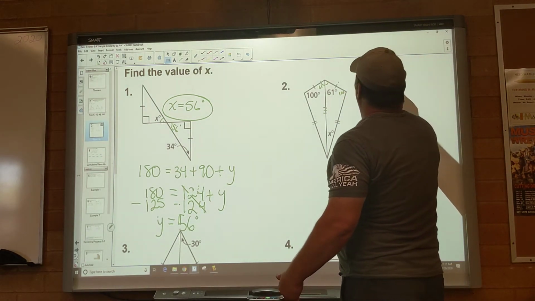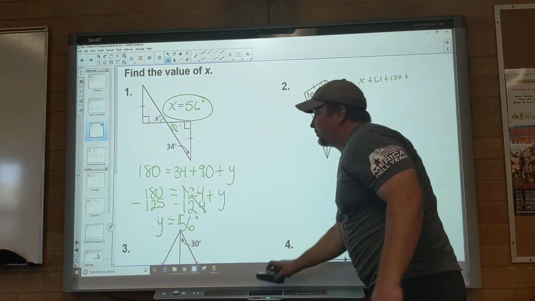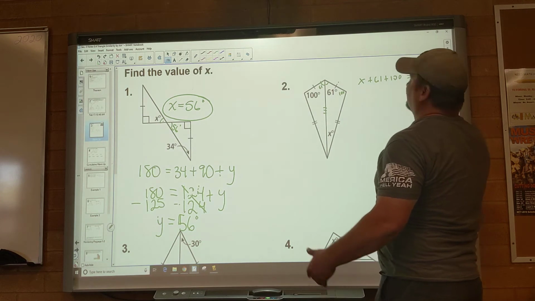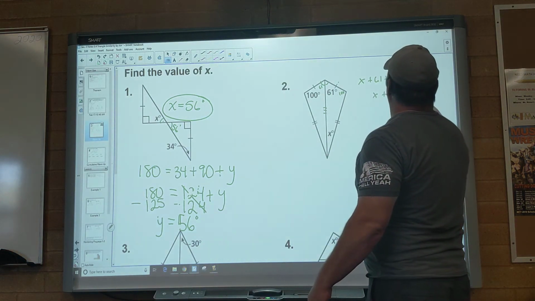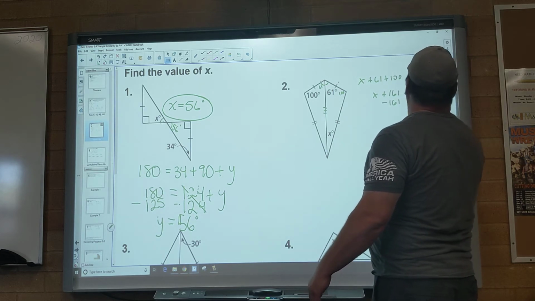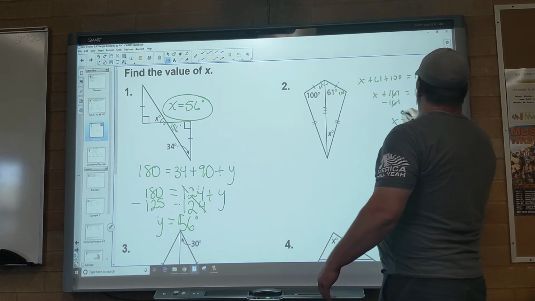So we'll go x plus 61 plus 100 equals 180, because that's what every awesome triangle adds up to. So x plus 161 equals 180. We will subtract the 161, and we will get x equals 19.